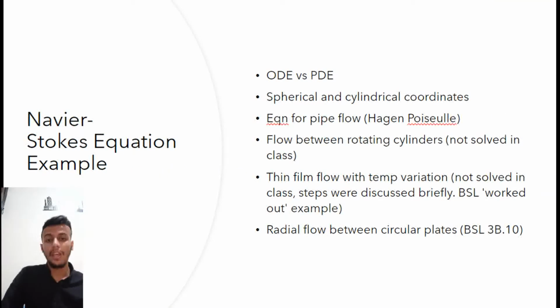Navier-Stokes equation examples. We have some examples in our life, like ODE and PDE, spherical and cylindrical coordinates, the equation for flow between rotating cylinders, and also thin film with temperature.